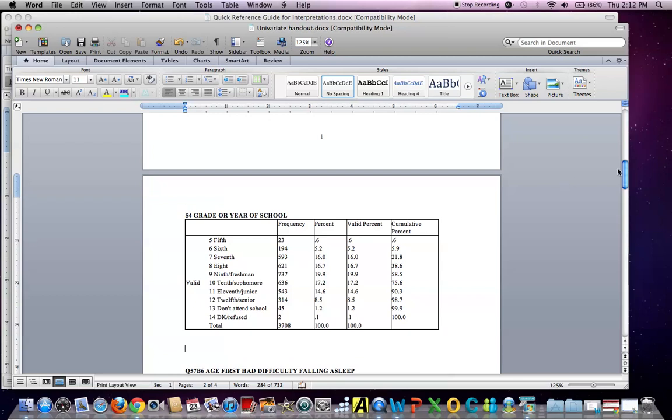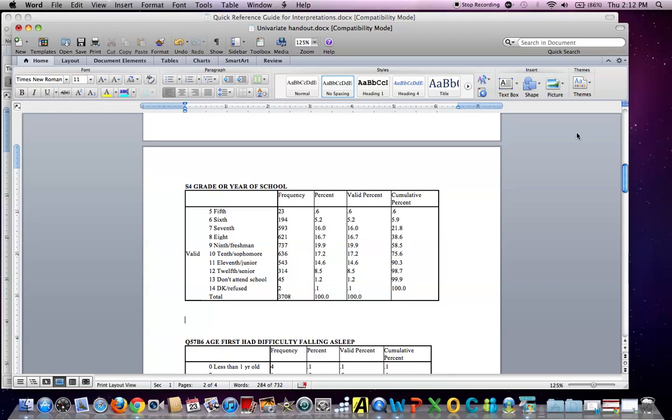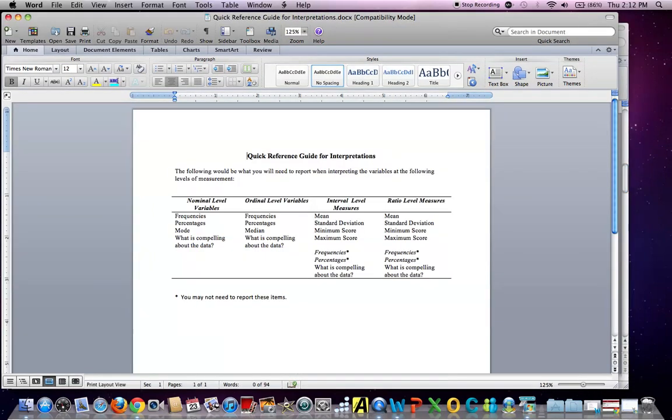Let's go back to our quick interpretation guide. It being ordinal, we interpret frequencies, percentages, the median, which is the middle category, and then we say what is compelling about the data. The median, which is a measure of central tendency, represents the middle of the distribution, or the middle category of the distribution.